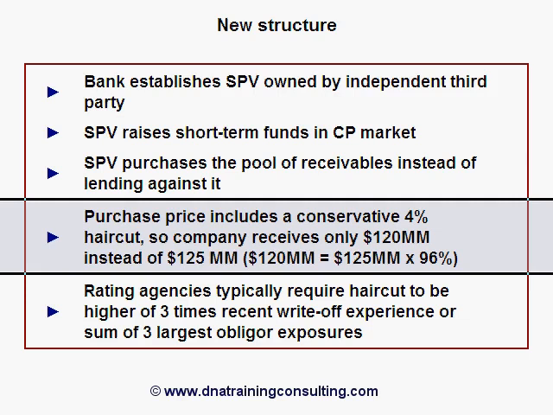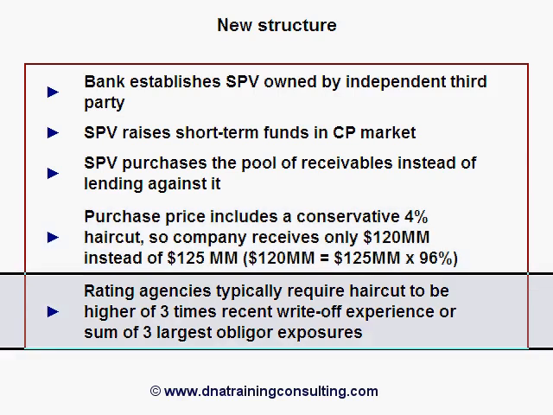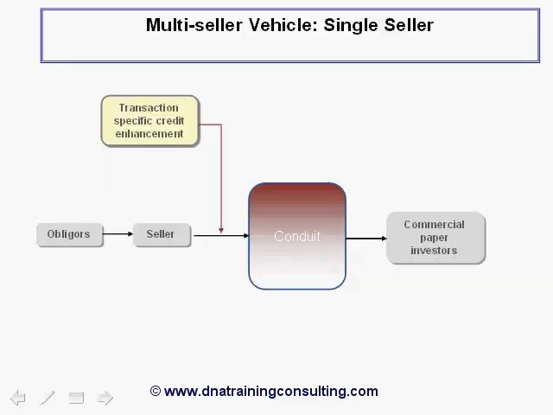In fact, rating agency criteria generally mean that many programs set this haircut at the higher of either 3 times the recent write-off experience of the pool, or the sum of the 3 largest individual obligor exposures.